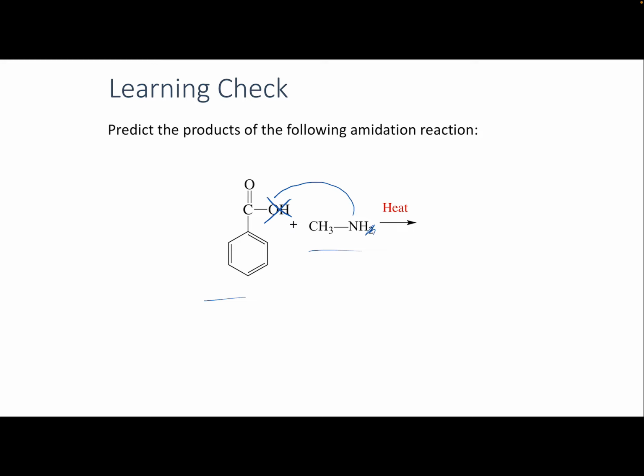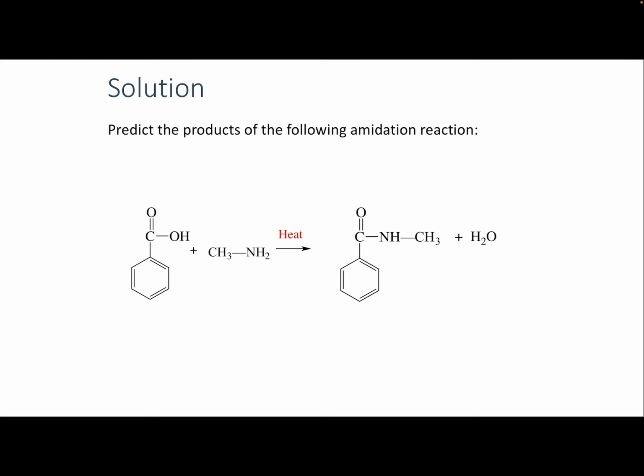So draw it. It might be easier for you to set it up with a condensed structure when you're drawing them. That way you can lose your water and then just see how everything else should connect.